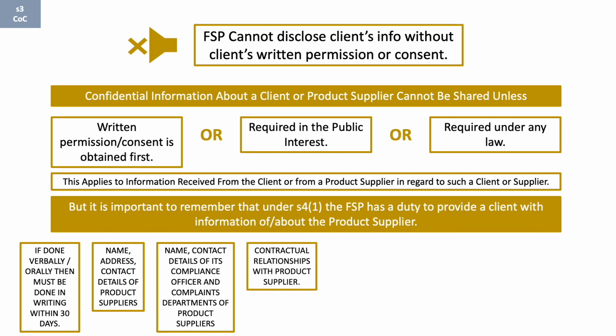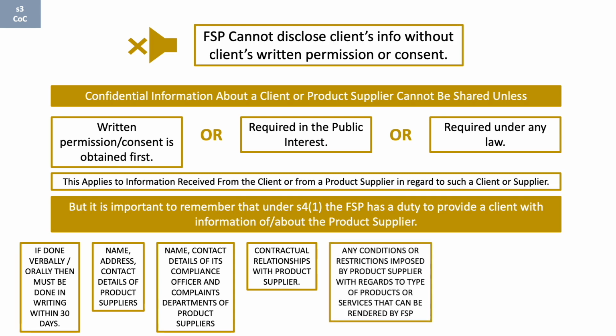The FSP's contractual relationships with the product supplier. Any conditions or restrictions imposed by the product supplier with regards to the type of products or services that can be rendered by an FSP.